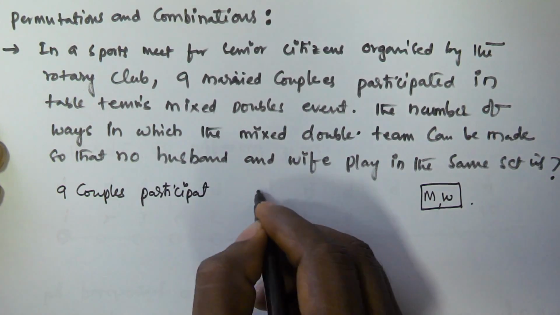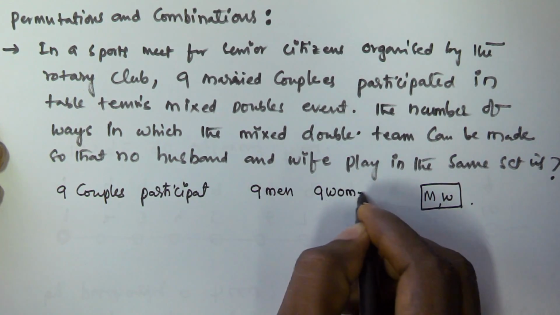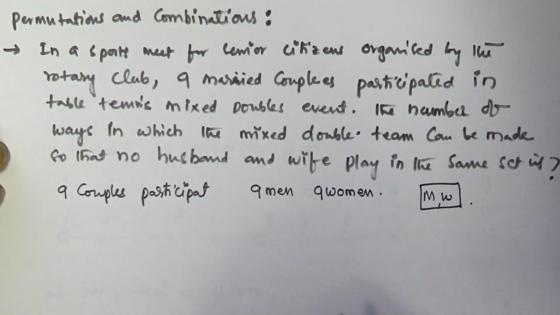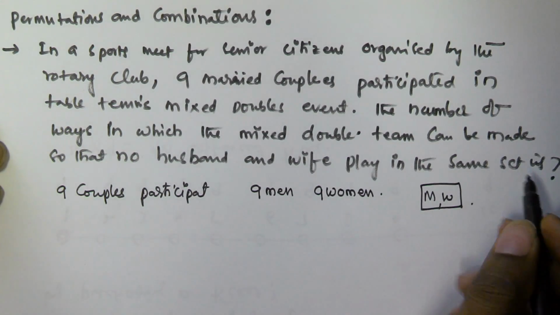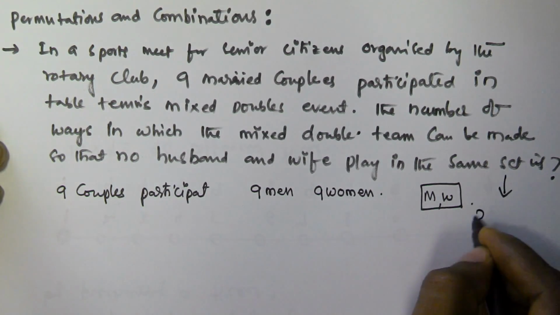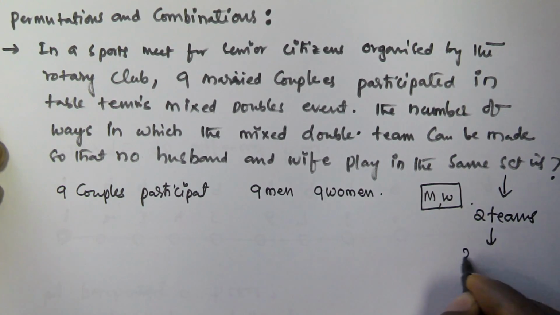So 9 couples means 9 men and 9 women. To play a same set, we need 2 teams. So 2 teams means we need 2 men and 2 women.